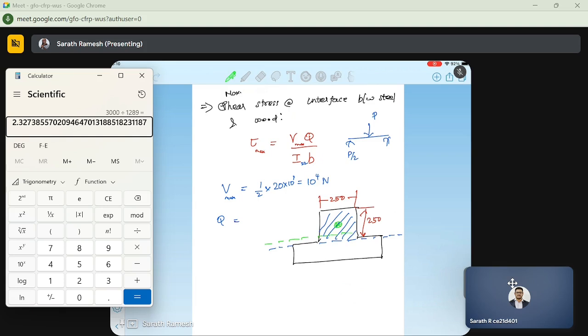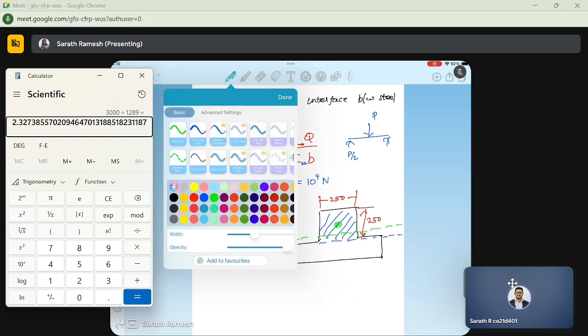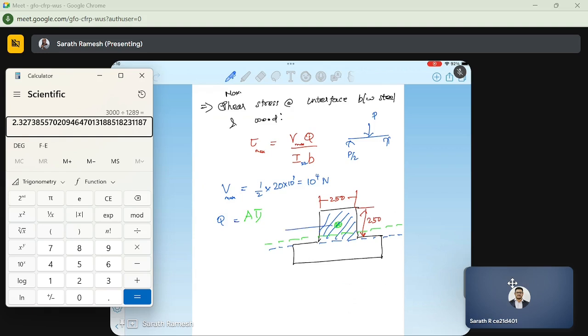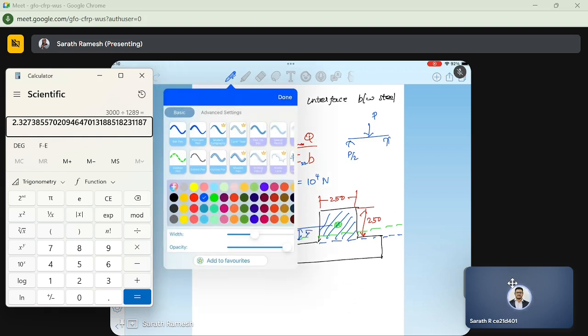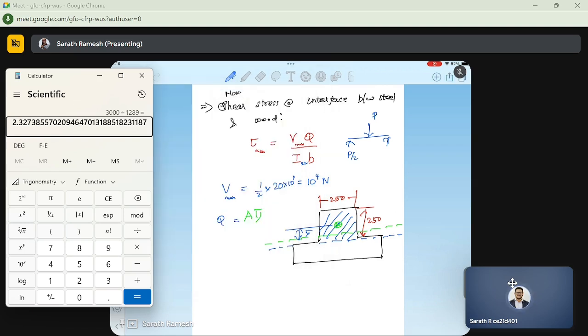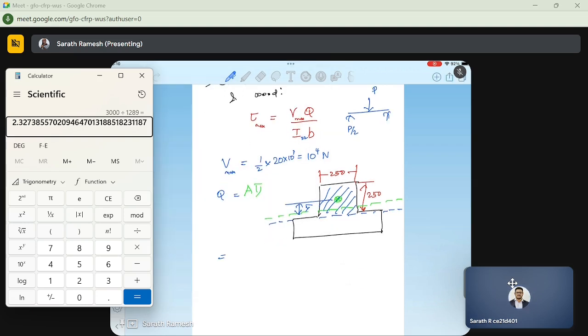Now this is A times y bar. This y bar is the distance between this centroid and this neutral axis. So Q will be equal to the area, that is 250 times 250, times y bar.